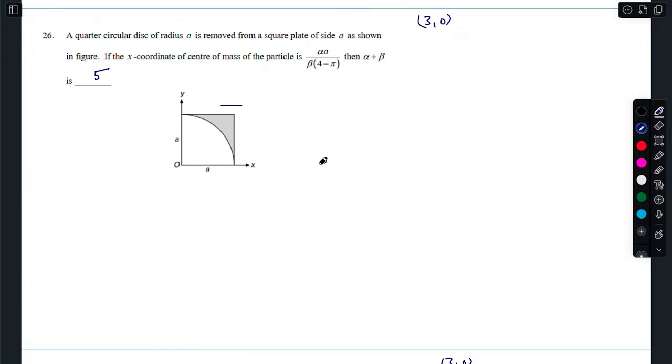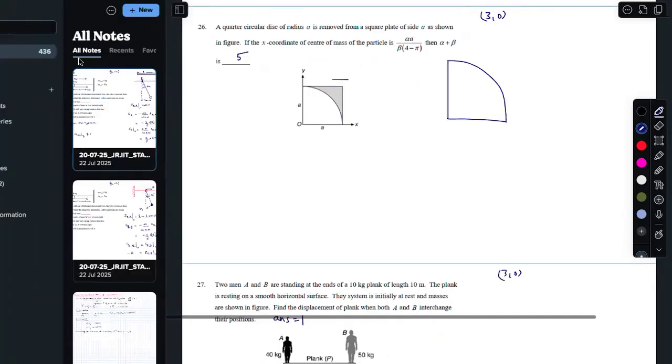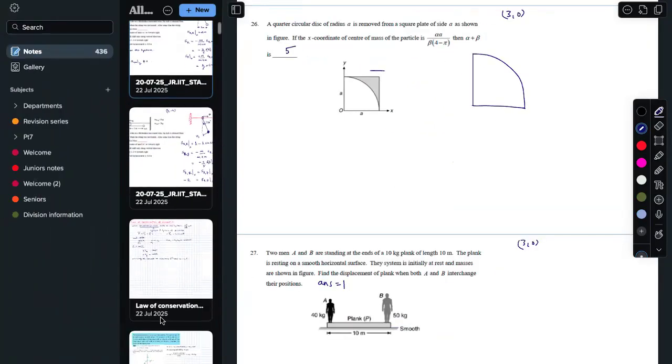A quarter circle. First of all, just tell me what is the formula for center of mass of a disk like this. If you don't remember this formula, you cannot do anything, because see my notes.